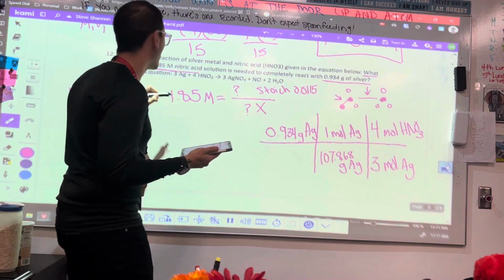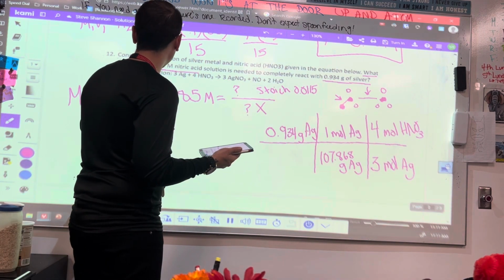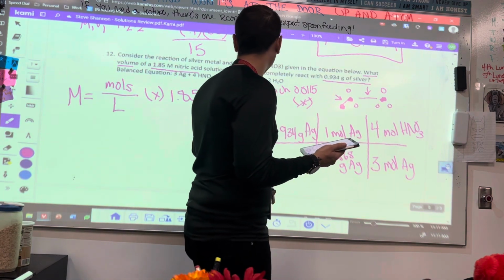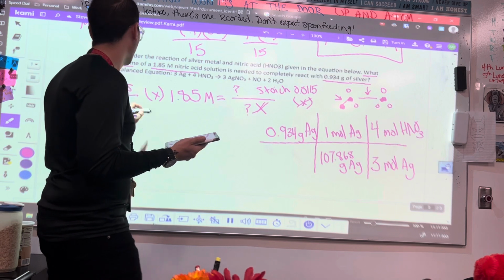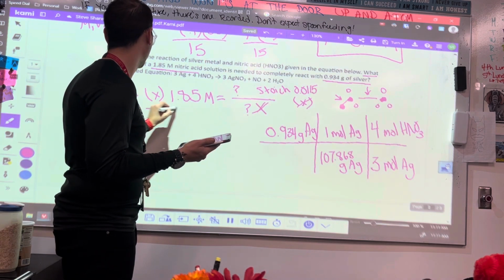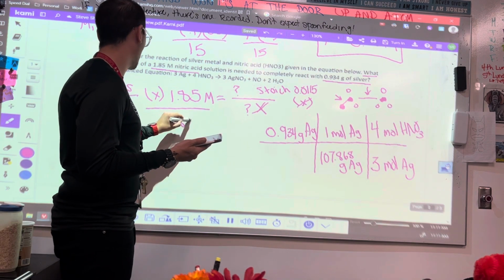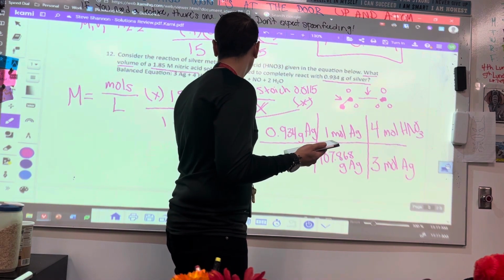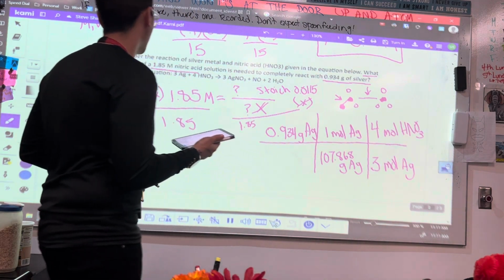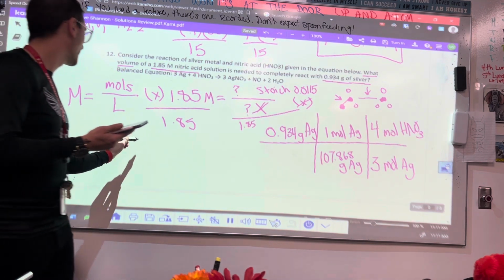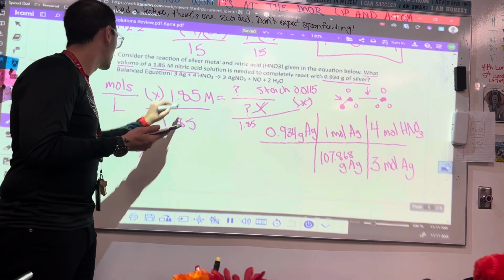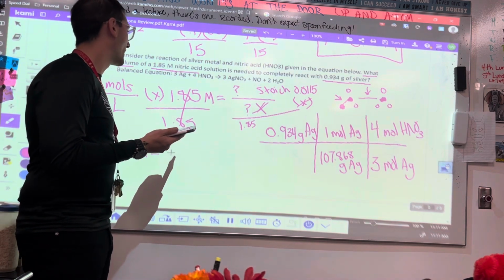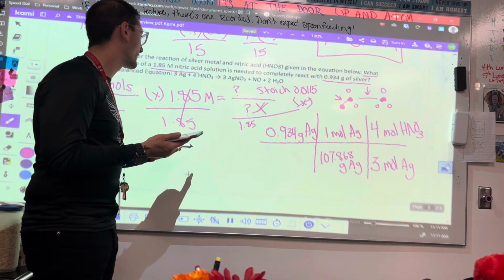And so I'm going to multiply by x on both sides of the equation so that it cancels here, and now it's over here. And then I will divide by 1.85 on both sides of the equation so that I have it there. And now, x is by itself.